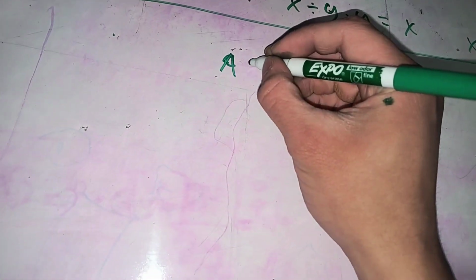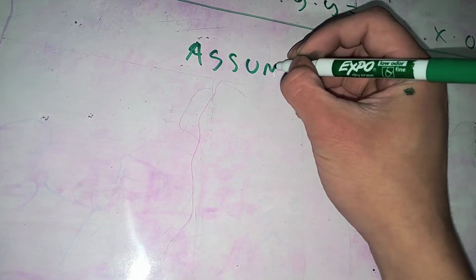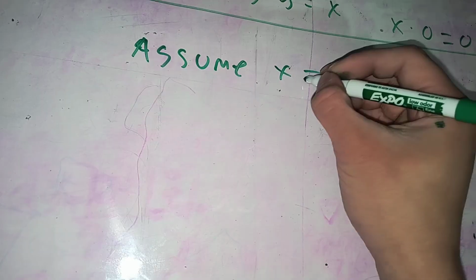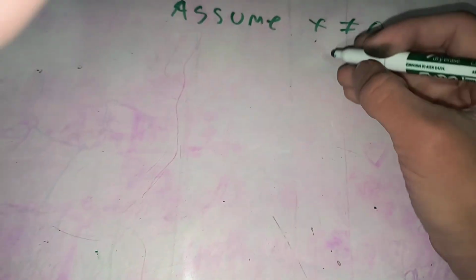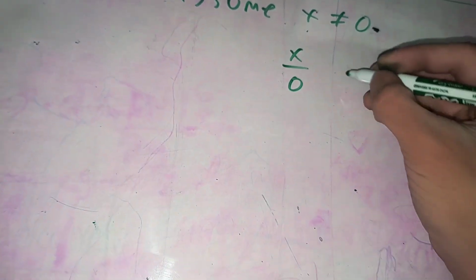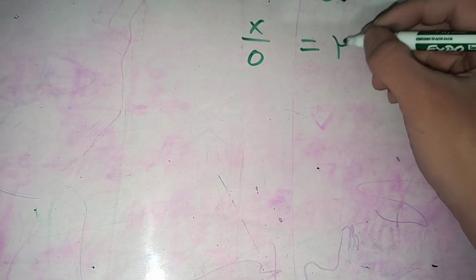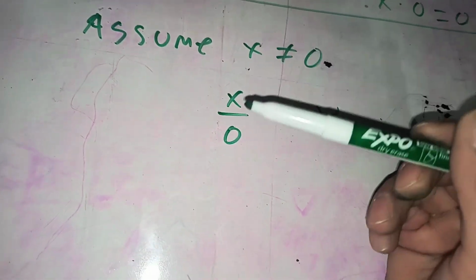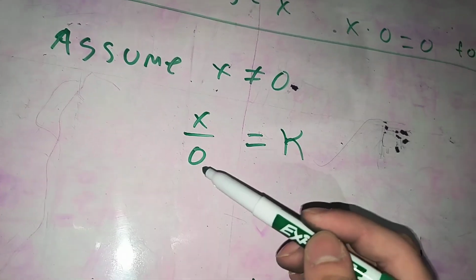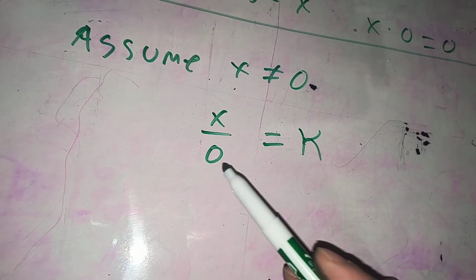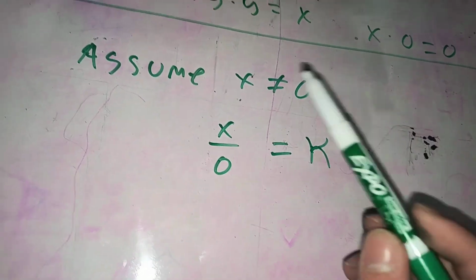So let's now say you assume that x is not equal to 0. Okay? And you say that x divided by 0 is equal to k. Okay, but you have this assumption right here, so you're trying to solve what x divided by 0 is equal to.